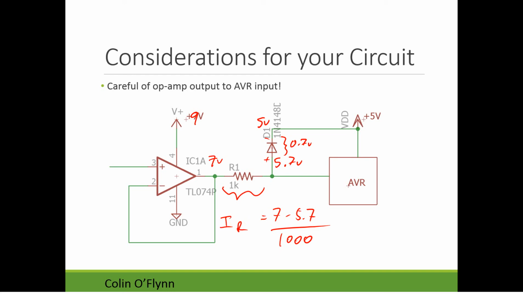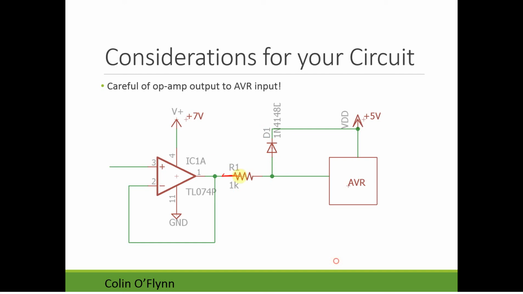The problem is if you do not have that resistor, if this was just a direct connection, what would happen is you would put 7 volts here, and depending which power supply is more powerful, you could still end up with 7 volts here, and the 5 volt supply will actually get pulled up because this diode will have started to conduct.